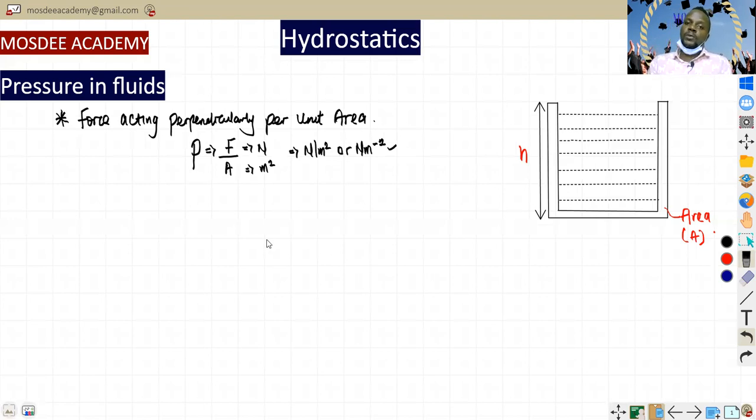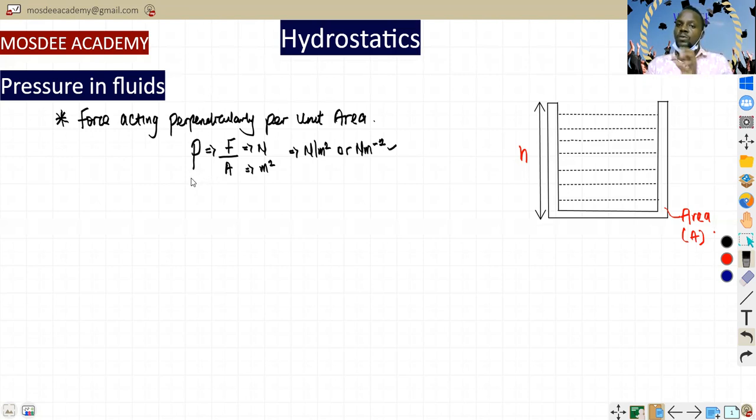So numerically, from what I have written here, you can say pressure is inversely proportional to area. Because pressure is inversely proportional to area, it simply means at a low value of area, the pressure will be large. So we keep it at the back of the mind that the lower the area, the higher the pressure, and vice versa.